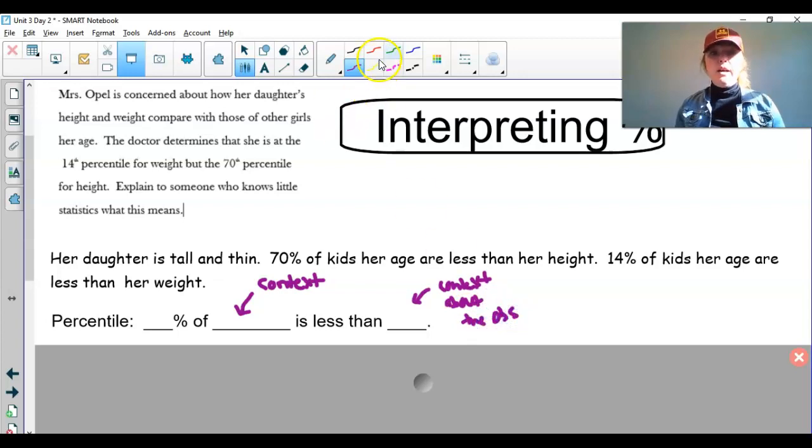So you can see here, if I fill in the blanks up here in my first sentence: 70% of, and then look, I have the context, kids her age, are less than her height, okay? Or we could have put less than whatever her height is, but they don't give that to us.